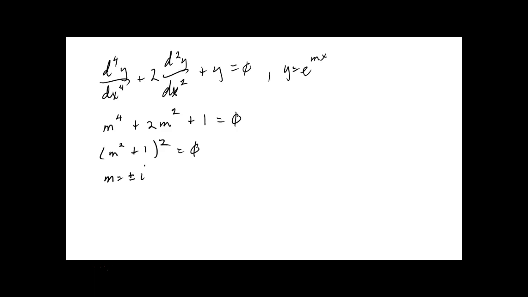So what does this suggest to you? What is your solution in this kind of form? y is equal to? Now, just a couple things to note. There is no real part. The real part is 0, right? So therefore, your e to the alpha x is e to the 0, which is 1.